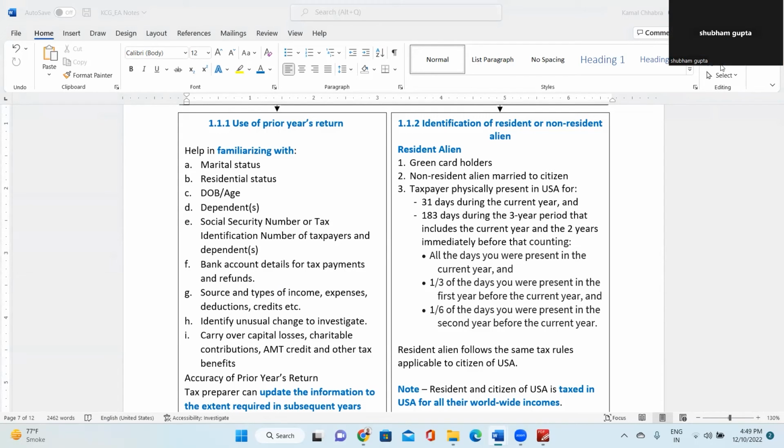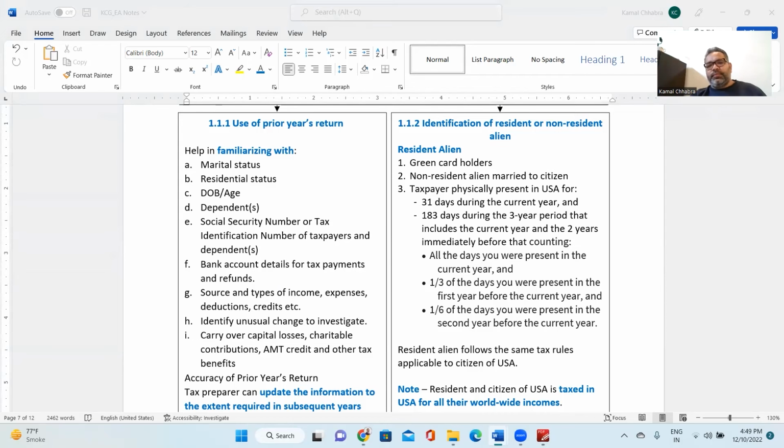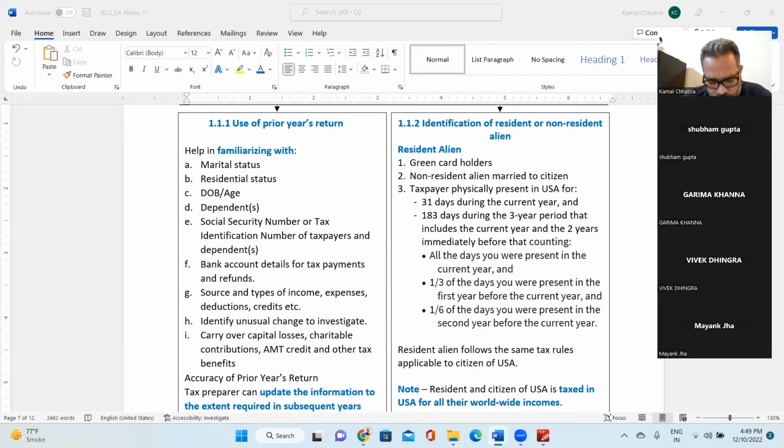Sir, I have a question. If someone just becomes a US citizen and his spouse is outside of the country, will she be considered a resident alien?